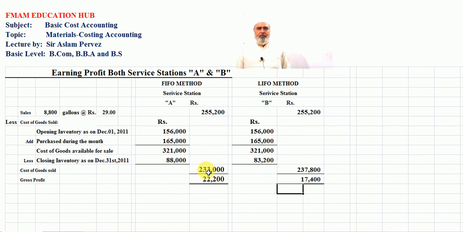The analysis is that when the cost is lesser, the profit will be increased. When the cost is higher, the profit will be decreased. You are looking here, company A earned a gross profit of 22,200 rupees, and company B earned a gross profit of 70,400 rupees here.